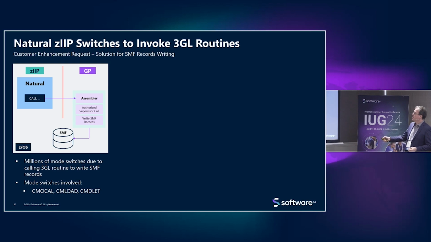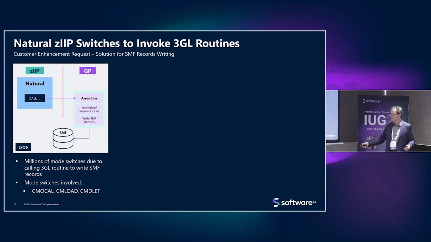And what was the problem here? A lot of switches to invoke a 3GL routine, specifically in this case to write SMF records. All of us know on the mainframe side what SMF records are. I will not go into that, but this customer writes millions of SMF records during the day, and this obviously caused millions of switches just to do that.